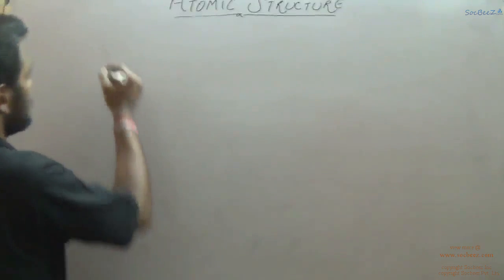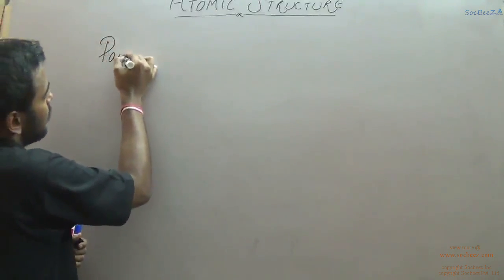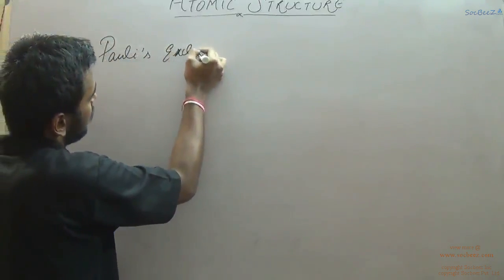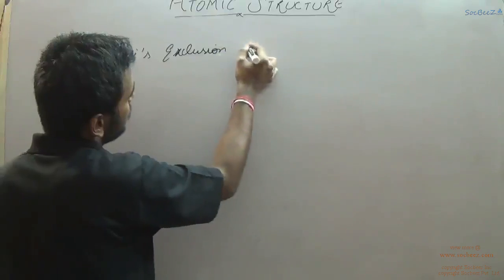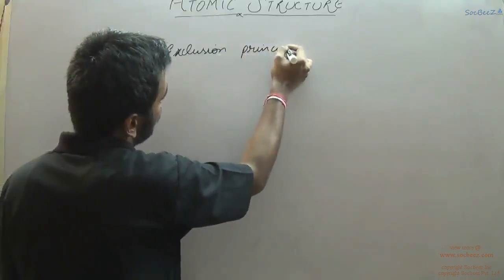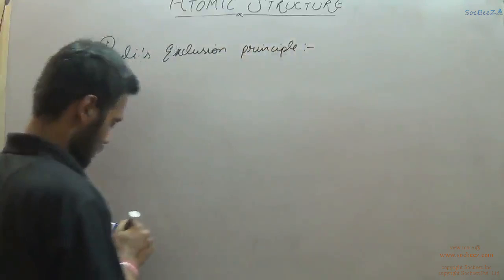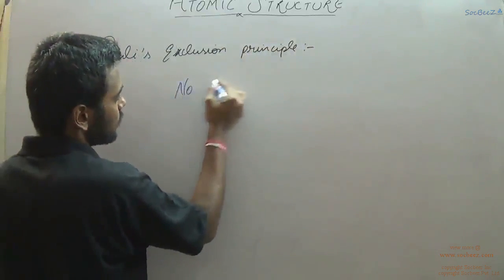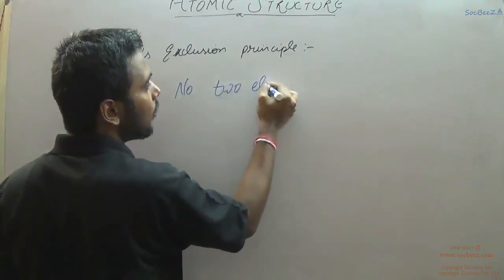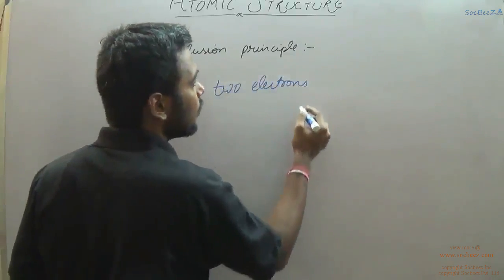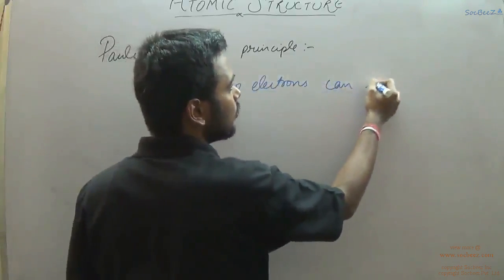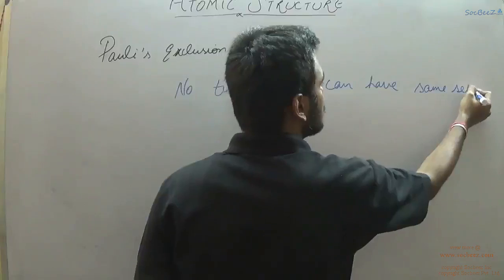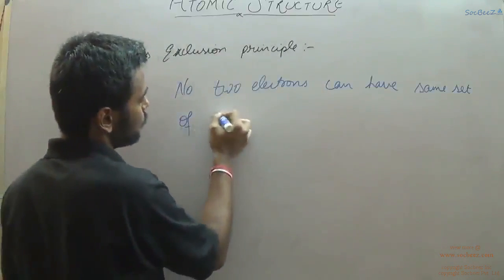So Pauli's exclusion principle says that no two electrons can have the same set of quantum numbers.